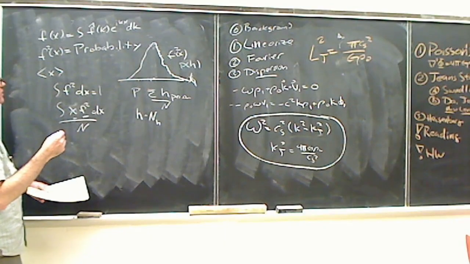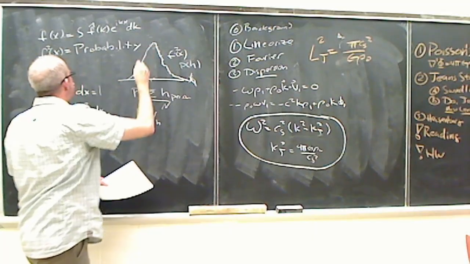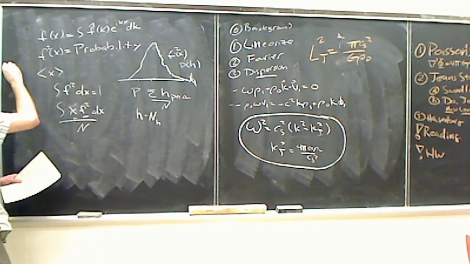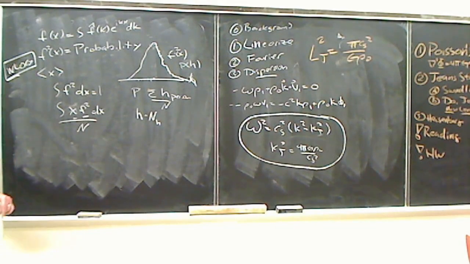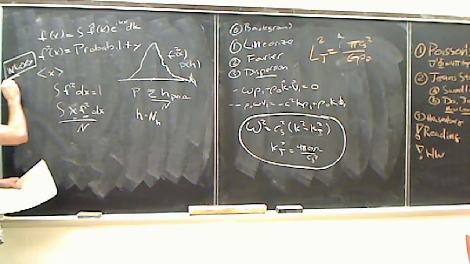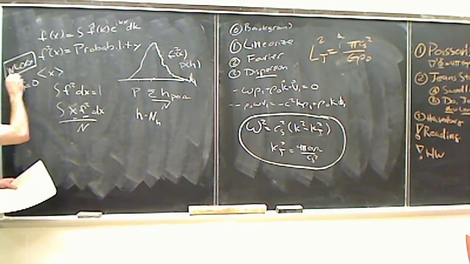So a lot of times, the average of f doesn't matter. So we're going to assume without loss of generality that I have unit norm and the average is 0. So I can assume these two things.